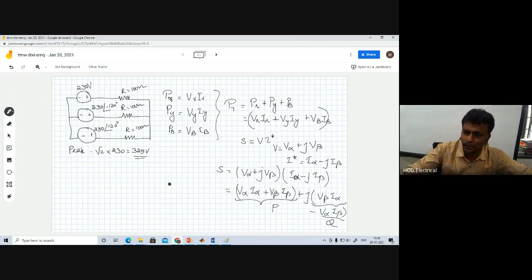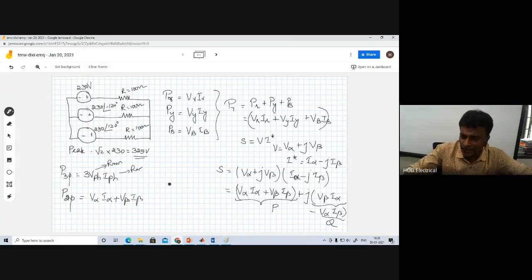I already told you the real power in three phase is 3 into V phase into I phase, where these are RMS values. Then the two phase power formula is V alpha into I alpha plus V beta into I beta.